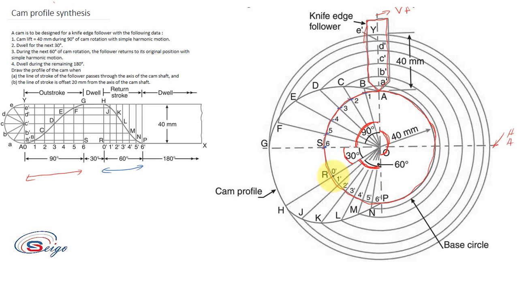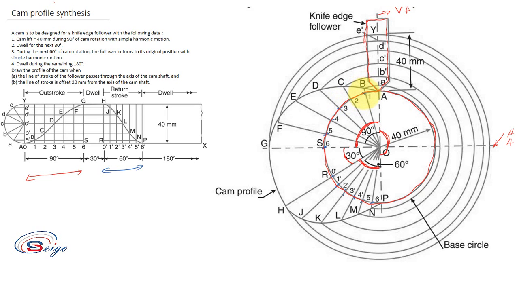0 is the starting point, then 1 dash, 2 dash, 3 dash, 4 dash, 5 dash and 6 dash. Next you have to measure this 1B. Using the compass, take this distance 1B and transfer that distance along this line.